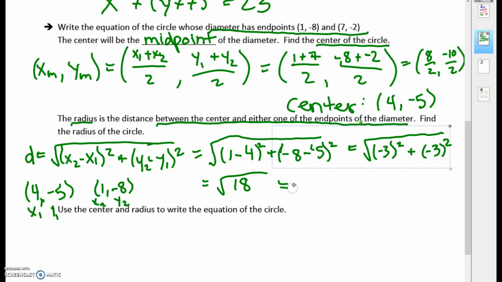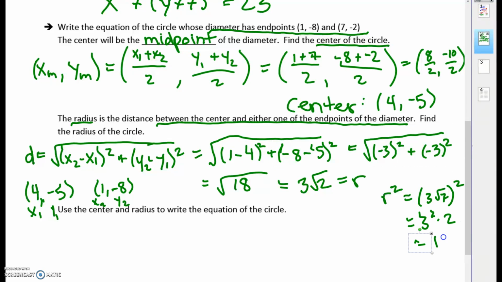Well, the square root of 18 gets me 9 times 2, so it'd be 3 square root 2. That is my radius. So my radius squared is going to be 3 root 2 squared, or 3 squared times 2, which is, again, 18. So that's my r squared value.